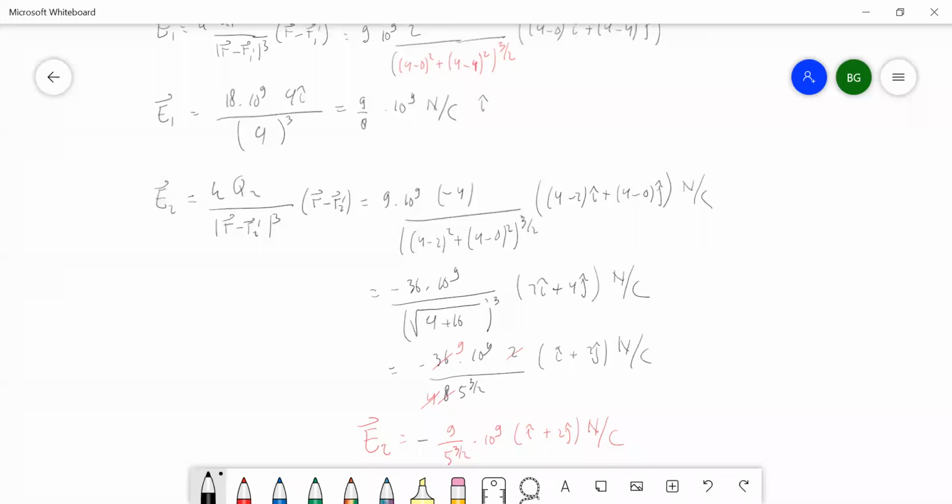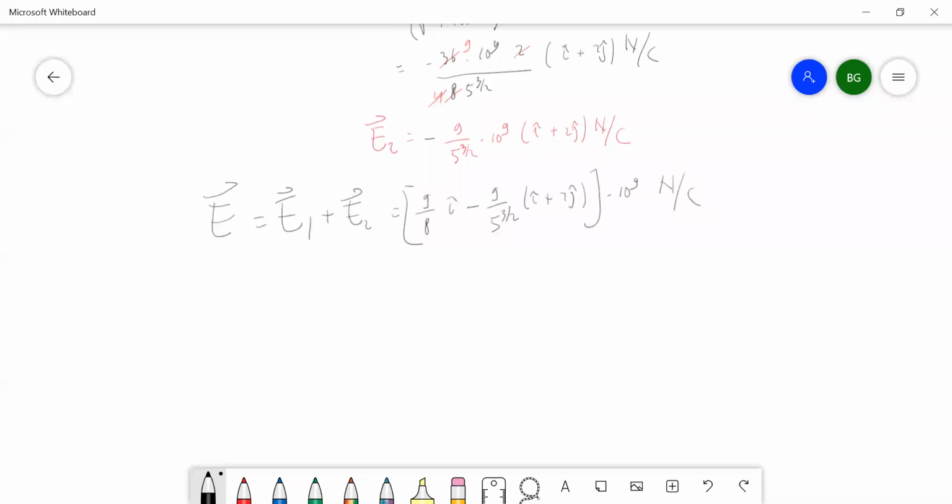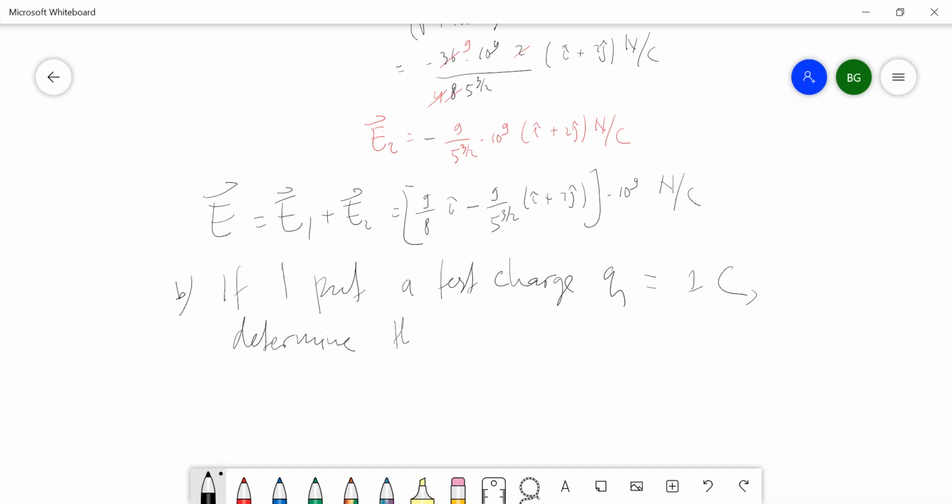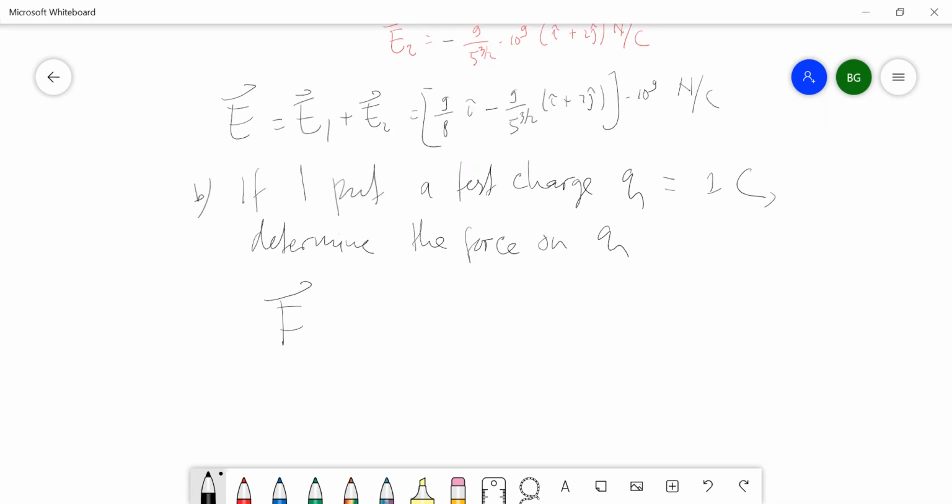So, for example, in B, this is the simplest thing, if I put a test charge, let's say little q for one coulomb, so what is the force to determine on the test charge. So this is a simple way.